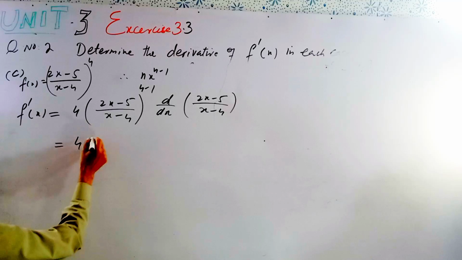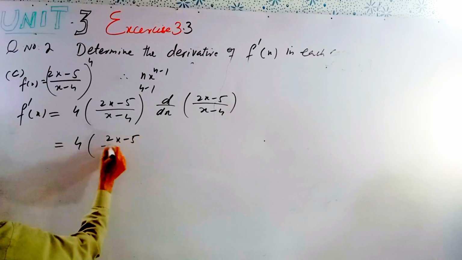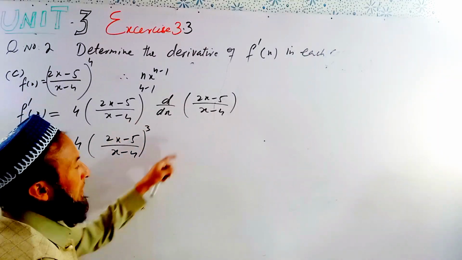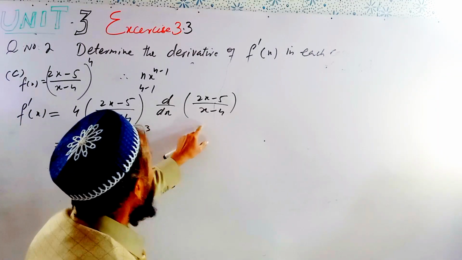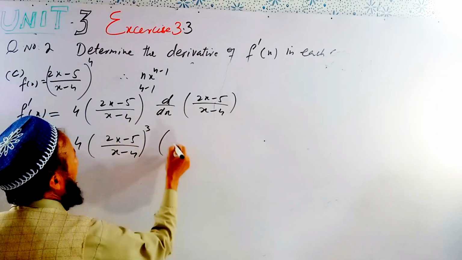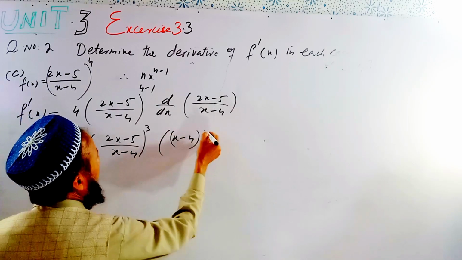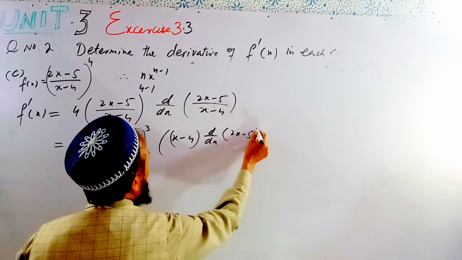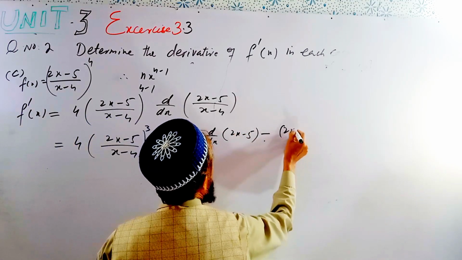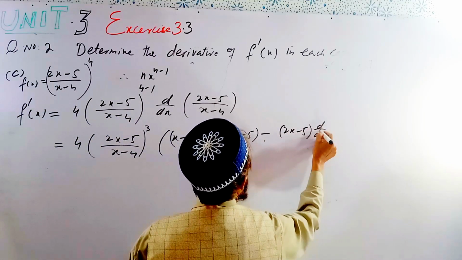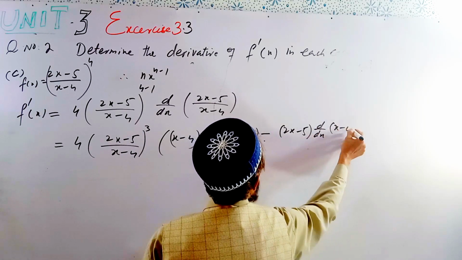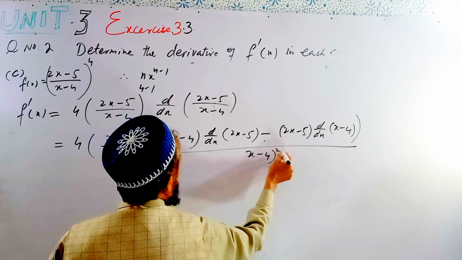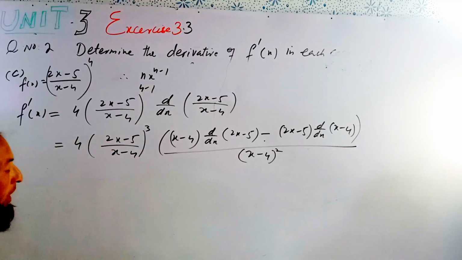Now for (2x − 5) divided by (x − 4), we are using here the quotient rule, the division rule: (x − 4) into the derivative of (2x − 5), minus (2x − 5) and the derivative of the v function, (x − 4), divided by (x − 4) whole square. That is the quotient rule or division rule.